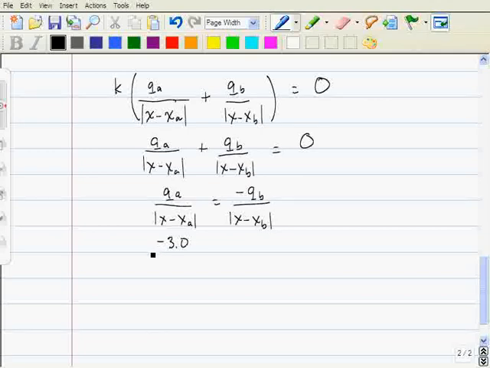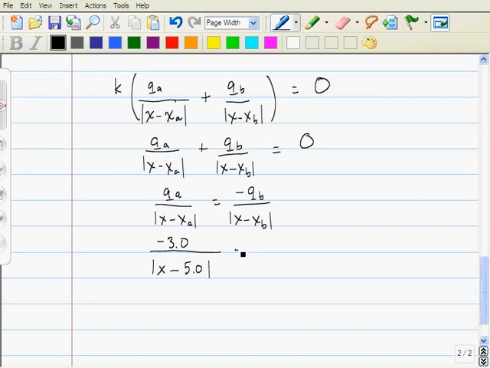Similarly, I'm going to leave the numbers in centimeters for the same reason, because whatever units I choose to use will cancel out on both sides of the equation. So I have Q sub B is +2, but there's a negative sign in the equation, so negative 2.